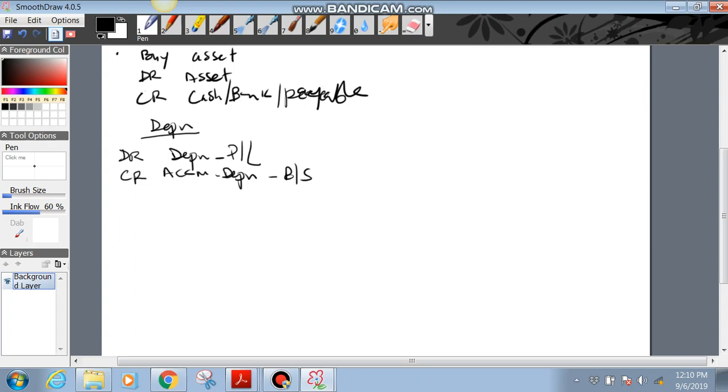The depreciation entry credit side goes to accumulated depreciation on the balance sheet. So it's in the balance sheet where these two net off to create the what? The carrying amount or the net book value. Clear? They net off in the balance sheet to give you the carrying amount or the net book value.